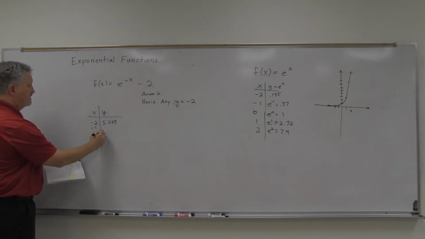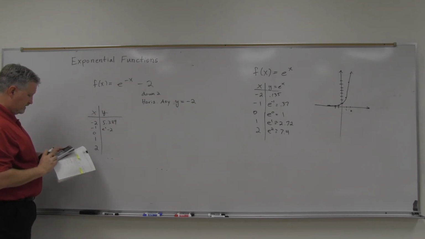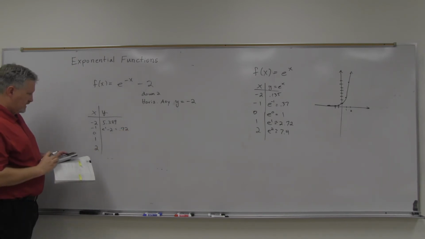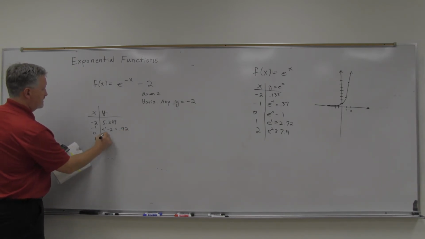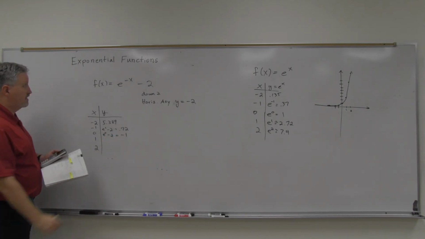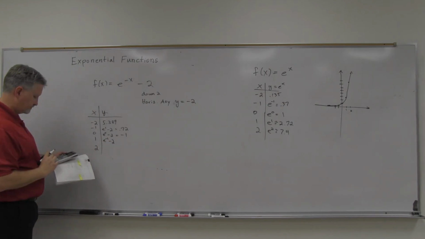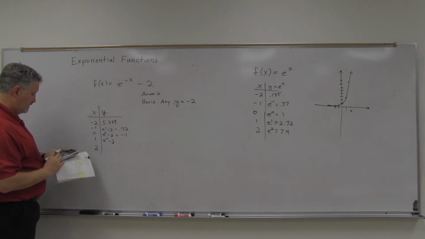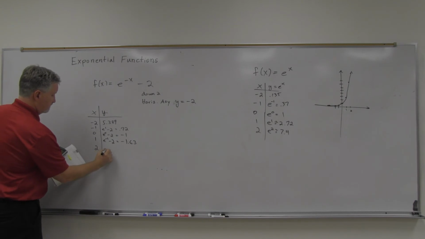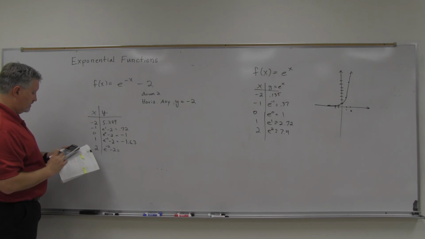Plug in negative 1, you have e to the positive 1 minus 2, or e minus 2. So that's 0.72, about. 0, e to the 0 is 1, minus 2, so that's down at negative 1 there. And then e to the minus 1 minus 2, about a negative 1.63, and then at e to the negative 2 minus 2, about a negative 1.865.